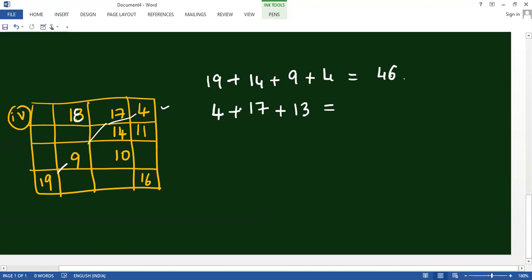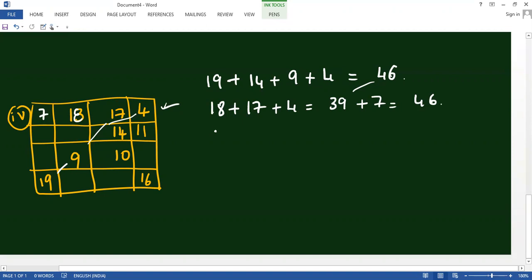So 4 plus 18 plus 13. Let me add this, that is 18 plus 17 plus 4, so that is equal to 39. So 46 minus 39, that is 7. So this could be the 7.